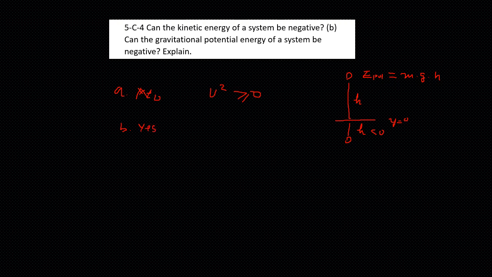In fact, potential energies always belong to two objects, we just don't mention that. On Earth, the two objects are the Earth itself and the object under consideration. So this potential energy belongs to this object and the Earth, but we usually don't mention the Earth because we are on Earth.